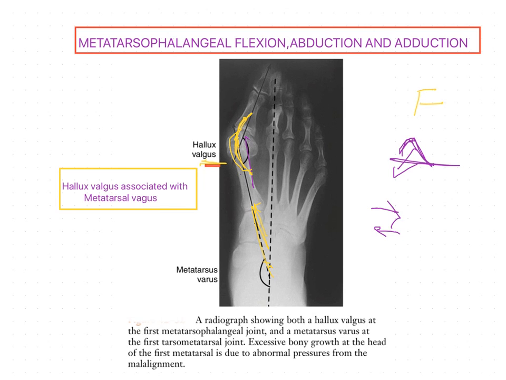So this abnormal angulation, that is medial angulation of the first metatarsophalangeal joint, is referred to as hallux valgus and may be associated with varus angulation of the first metatarsal at the tarsometatarsal joint, known as metatarsus varus.